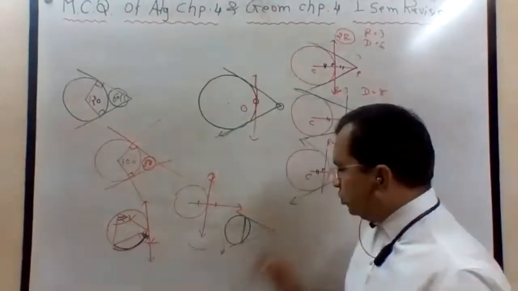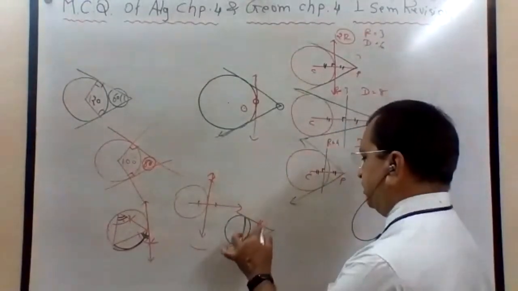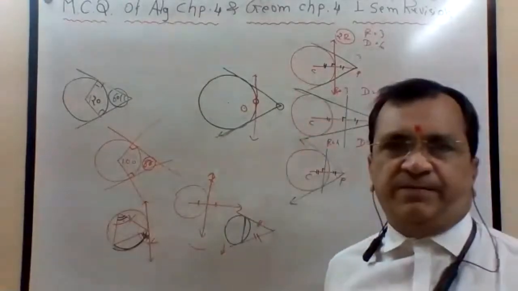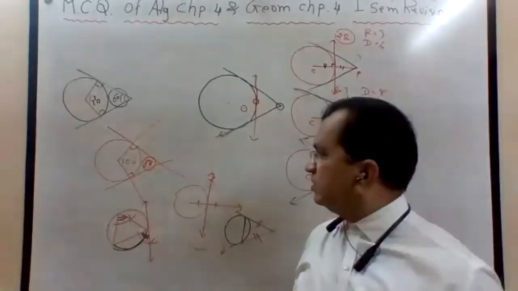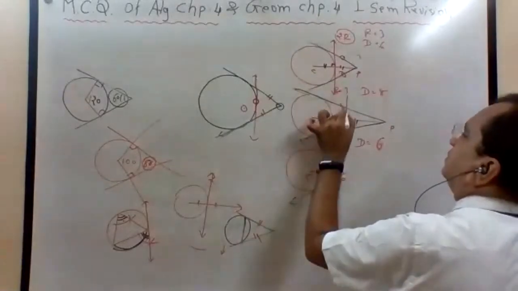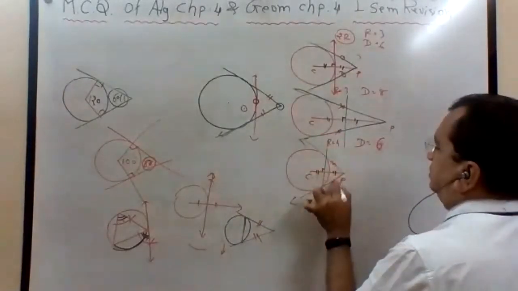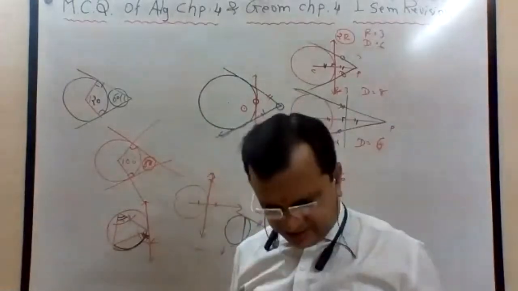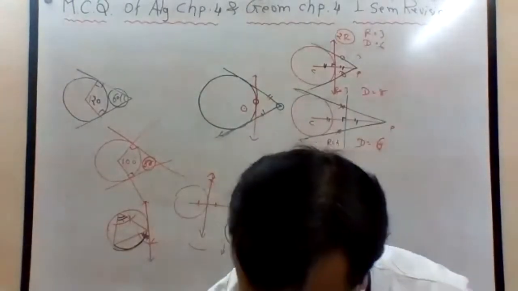We have learned that when we draw two tangents from outside, these are always congruent, and that theorem I marked very important, 3 star. So anytime these two are equal, these two are equal. So it always forms an isosceles triangle. That answer you have to write.